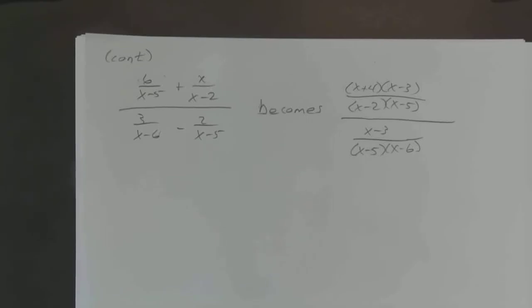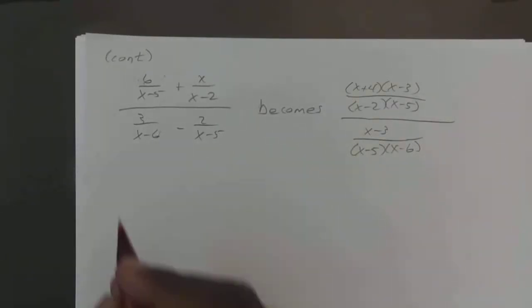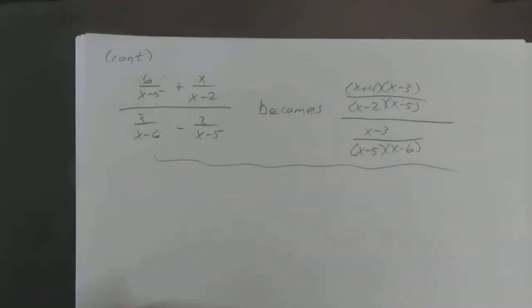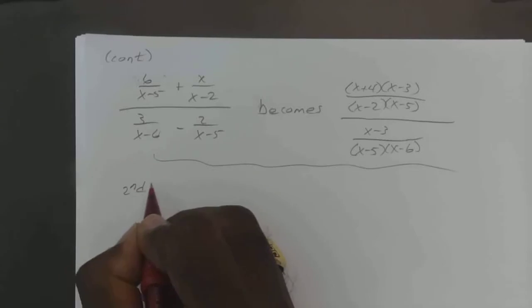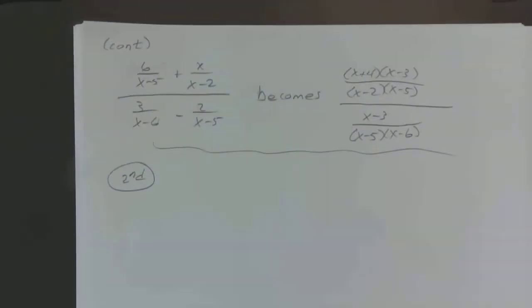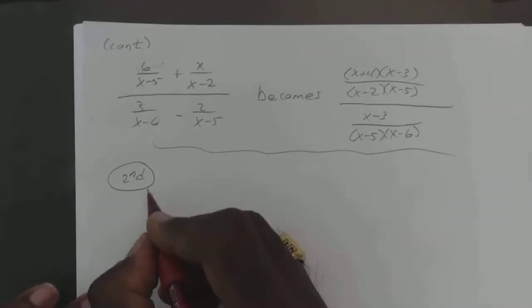So step 1 is done. Step 2 and 3 are the downhill versions of this because you're just rewriting, then canceling. For our second step, you're going to rewrite it and cancel stuff out.